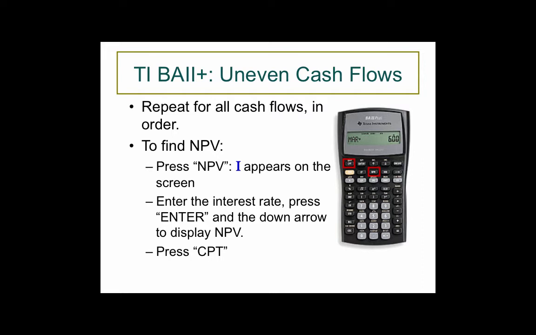So after you hit enter to lock in your 5% interest rate, you're going to want to hit the down arrow, and it should say NPV equals 0, and you'll want to hit the compute button, which is obviously that top button on the left. And in this case, I got $5,431.26. So if you got a number like that, then that should tell you that you're starting to understand how to work the cash flows.